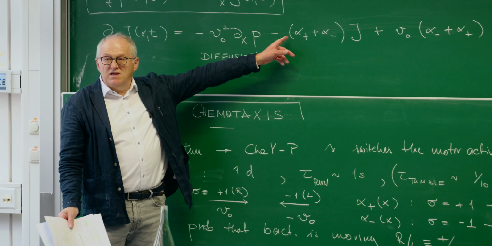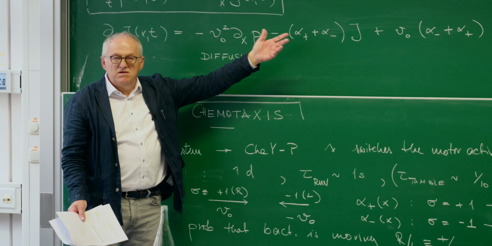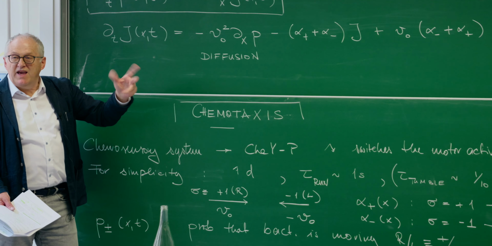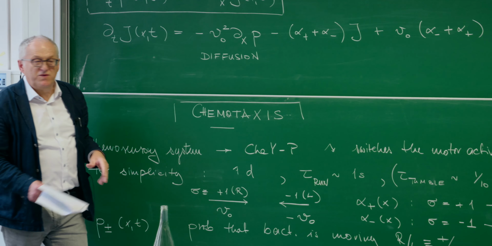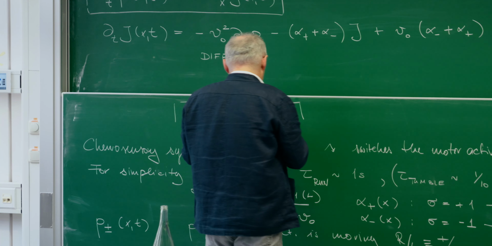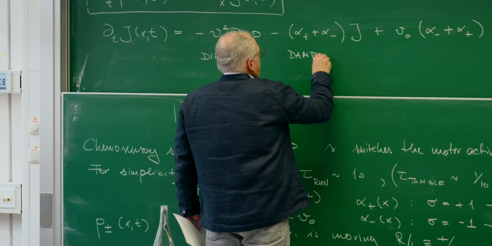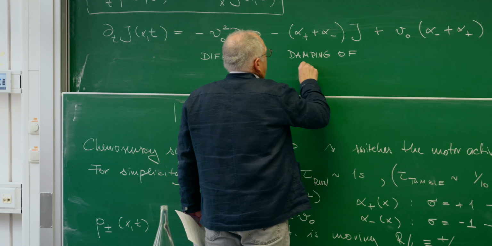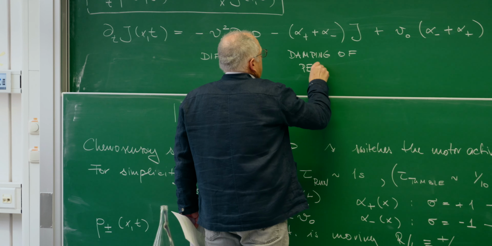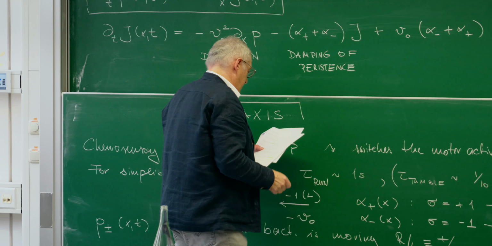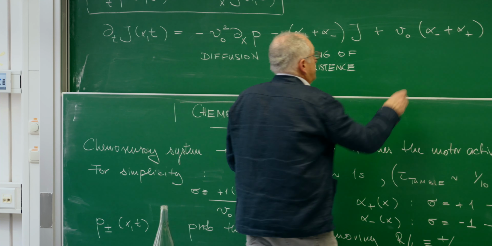Now this here is you lose current, in the sense that this current relaxes, again, because of flipping back and forth. So that I call a damping term of the persistence of our current.